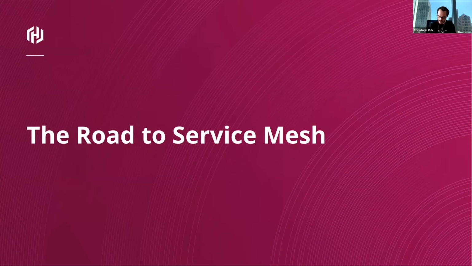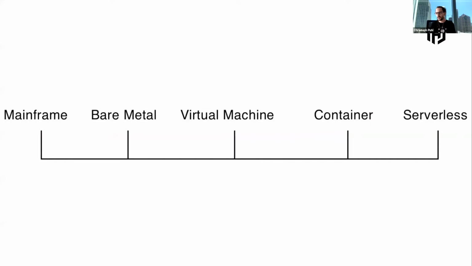So why are we talking about service mesh today? When we look at all the various compute runtime environments we see in our customers' data centers, I would argue that everyone attending this webinar right now has at least 3 of those technologies running within their on-prem data center or in their public cloud environment.